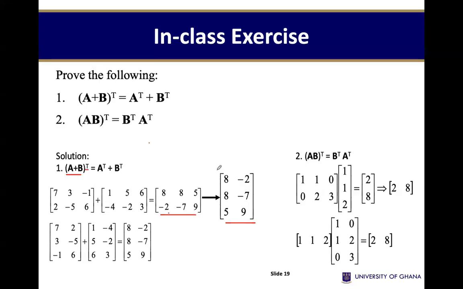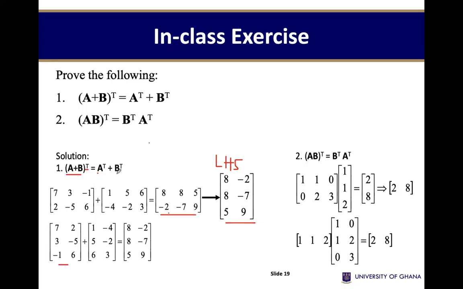So this is the left-hand side. For the right-hand side, I pick the A and transpose it. If I transpose 7, 3, negative 1, 2, negative 5, 6, I get this.